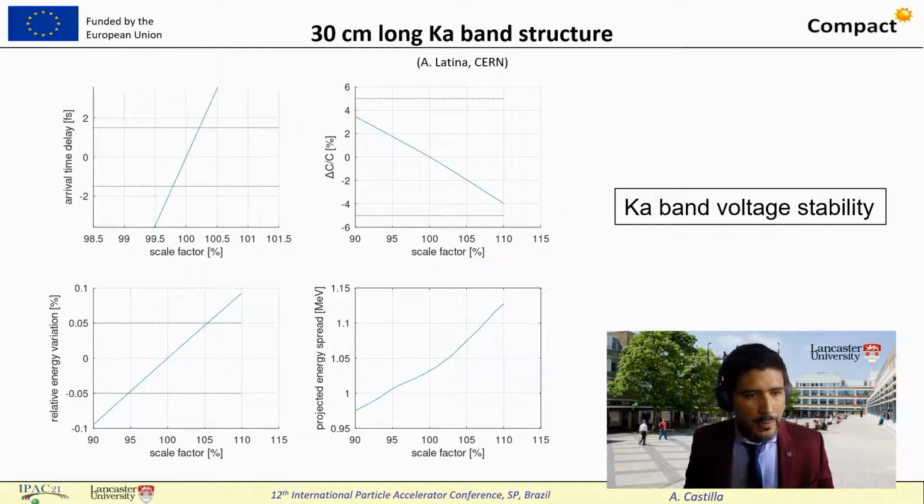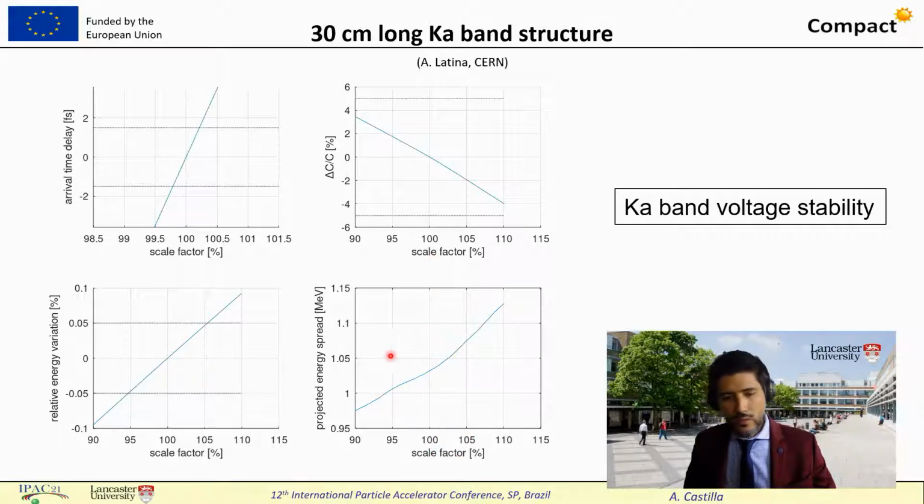Now repeating the same exercise but varying the amplitude of the field in the cavity, we can see again all these dotted lines that encompass the safe area, if you will, of operation. And you can see for the projected energy spread, we are safe essentially along the entire range between 90 and 115%. In here 100% means nominal, and then we can have a high variation or a lower variation of the field.